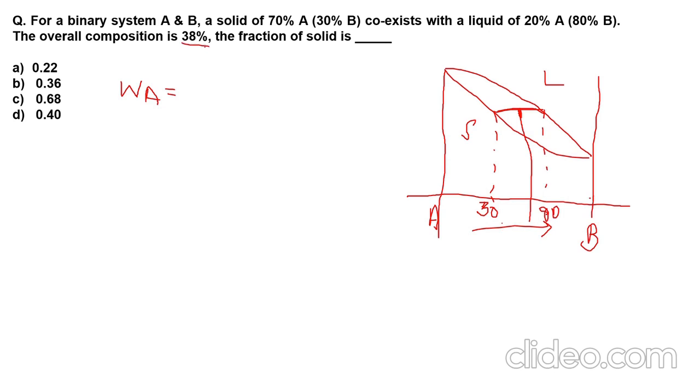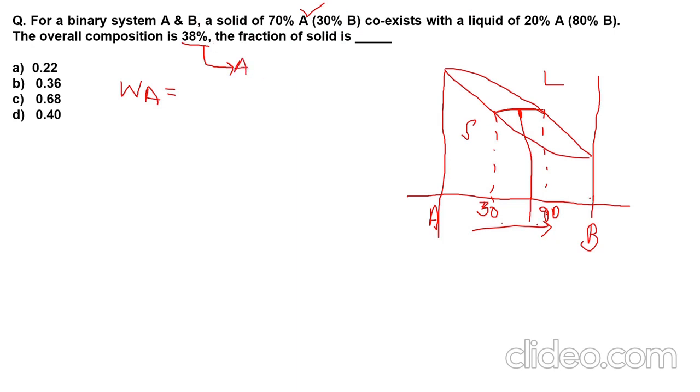So assuming this is 38%, this is actually the 38 percentage of A, right? Because the question gives you the concentration of A only, and then there is extra information of B. The overall composition is 38%. This is A, right?